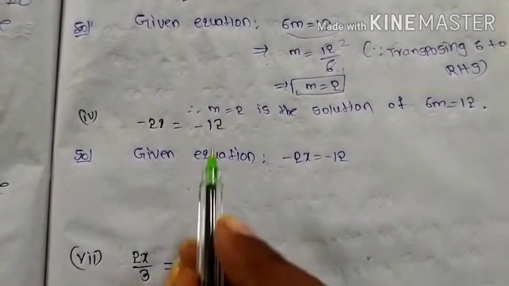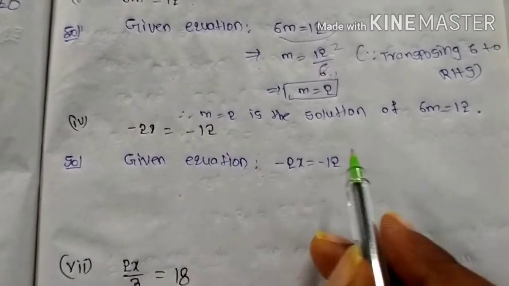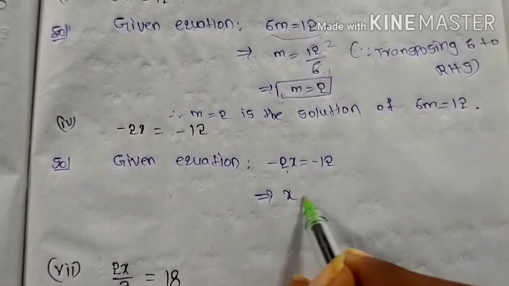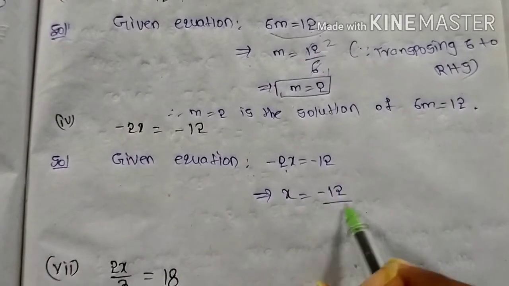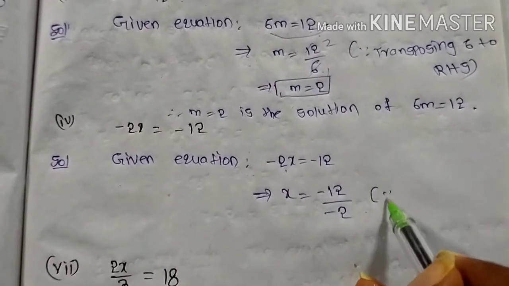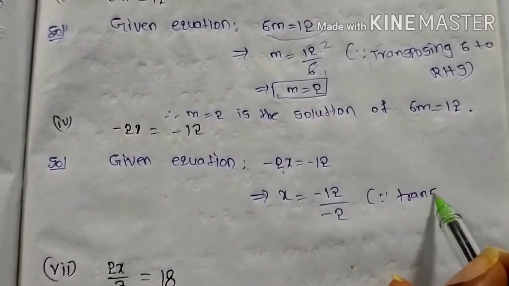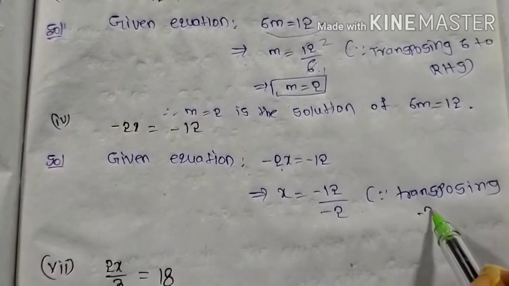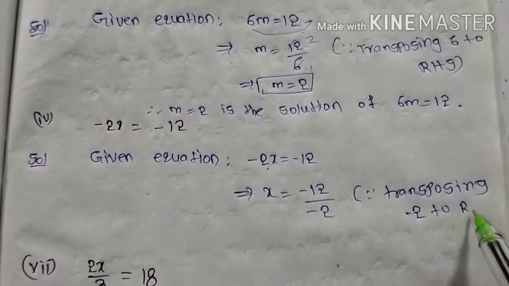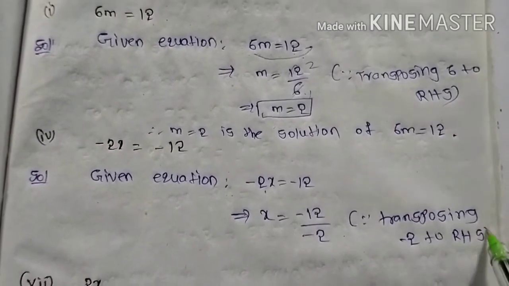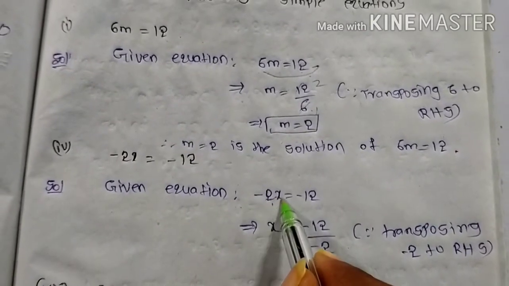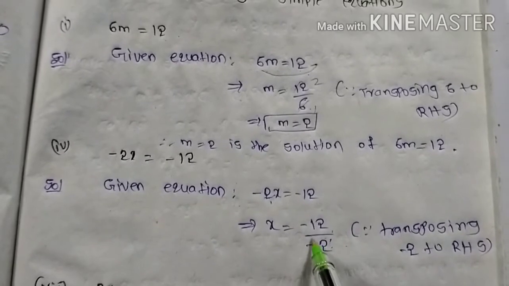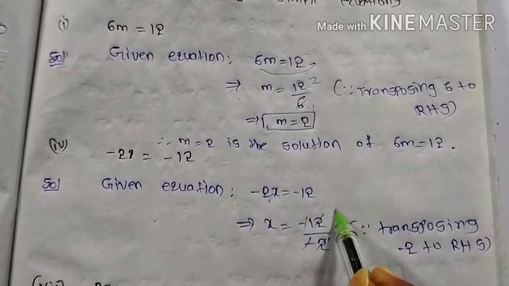Very easy one. Once you can see here, given equation is minus 2x is equal to minus 12. In the next step you can transpose minus 2 to RHS. That means you can write here x is equal to minus 12 by minus 2. In the brackets you need to write here transposing minus 2 to RHS. See here, minus 2 is doing multiplication. If I am transposing to RHS, it will become division or not? You can see minus minus cancel, 2 sixes are 12.